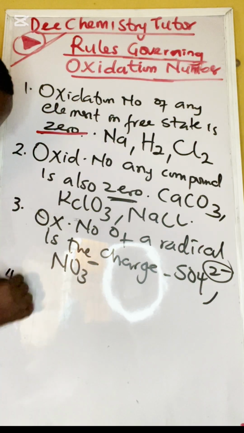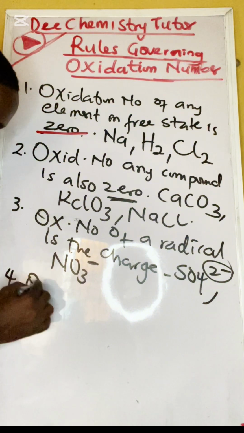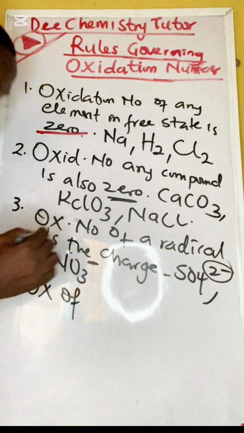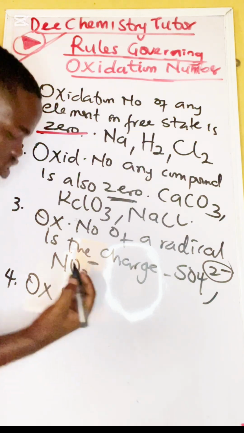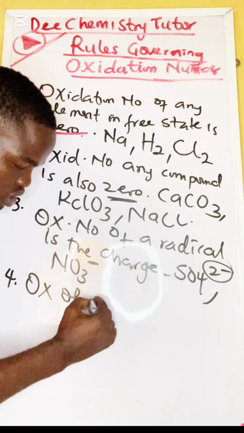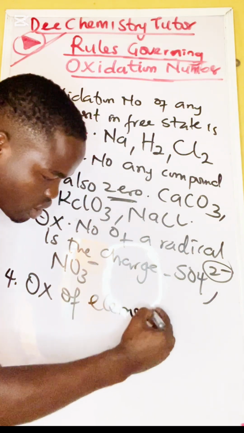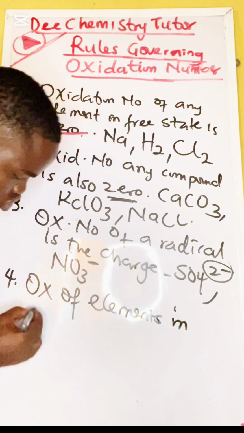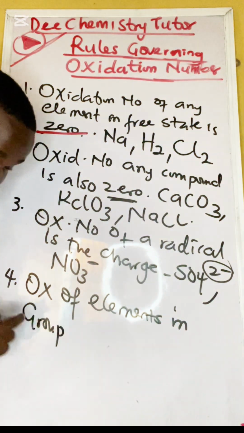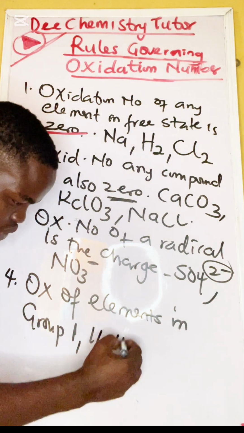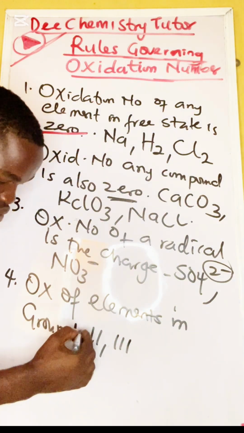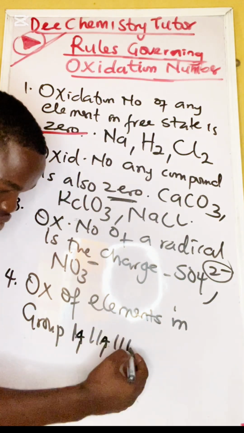Now, the fourth rule is the oxidation number of metals or elements in group 1. Now, this is very important. In group 1, group 2, group 3 elements. Sometimes some people say group 1A, group 2A, group 3A.